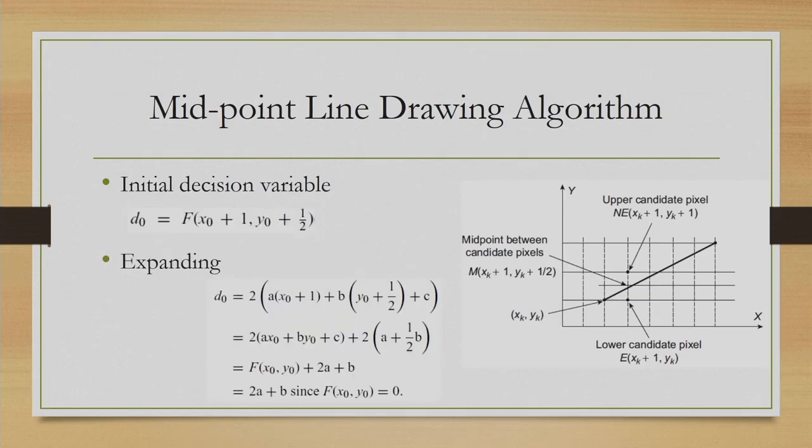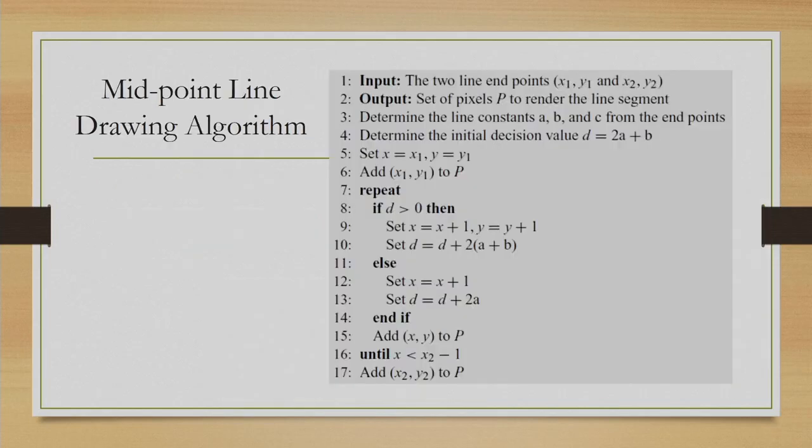Now, what is the initial decision variable? That is given by this expression, and after expanding we get the initial variable to be twice a plus b, knowing that this value is 0, as you can see here in this derivation. So here we have summarized the steps of the algorithm.